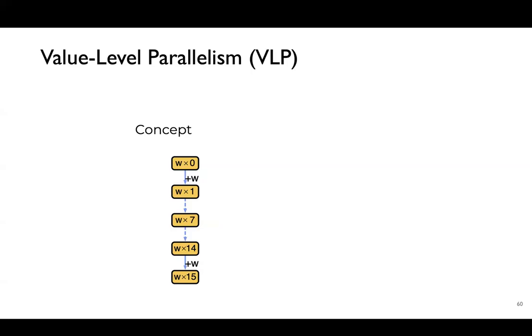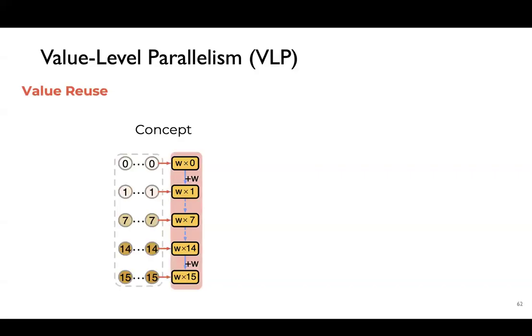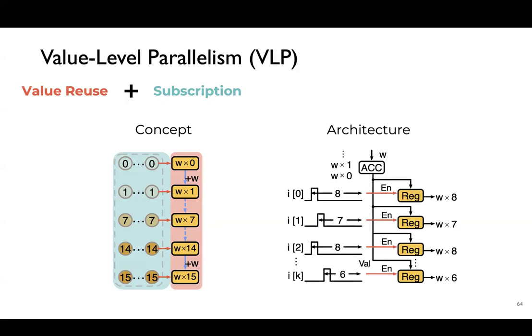Conceptually, we can transform the scalar vector multiplication into a series of scalar accumulations, and we refer to this as value reuse. With that, all the independent inputs can reuse these multiplication results as their outputs. This is achieved by a form of subscription, where each input reads out its corresponding output depending on its value.